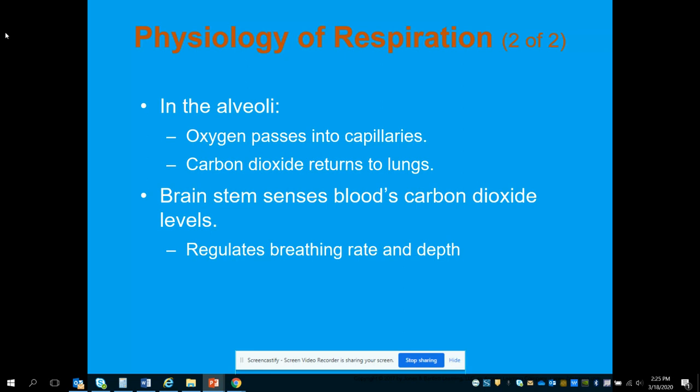Remember that our brain has chemoreceptors and baroreceptors, and baroreceptors respond to changes in pressure and chemoreceptors respond to chemical changes. And so these chemical changes would be telling us we have an increase in CO2 and we need to breathe. So that's what stimulates that process, and you might see some test questions that ask about that.